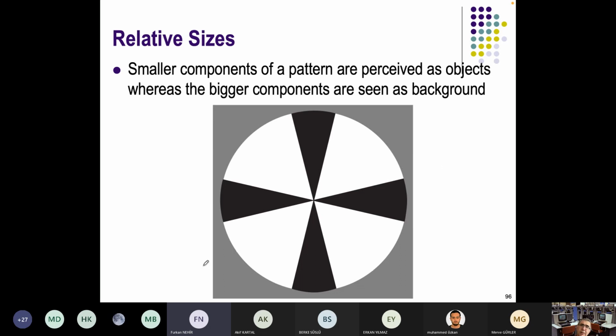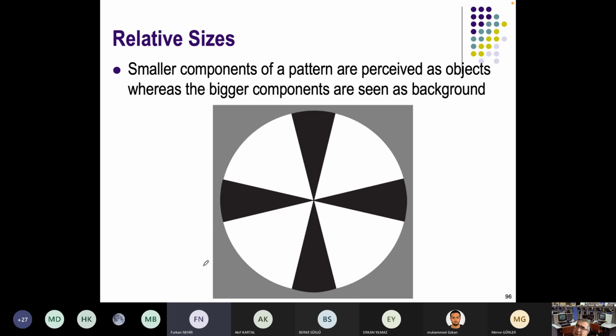The last one is relative sizes and figure and ground. Relative size means if we have something smaller and something bigger together like this, smaller components are perceived as moving components, where bigger parts are seen as background.